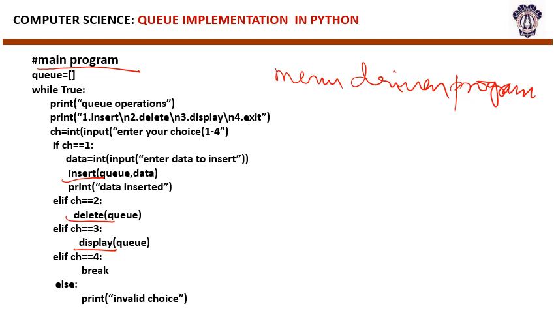Depending upon the user's choice, if choice is 1, insert will take place. If choice is 2, delete will take place. If choice is 3, display will take place. And if choice is 4, break. Means you come out of the loop and your program will end. So depending upon the choice of the user, you can insert in the queue, delete from the queue, or display the queue.